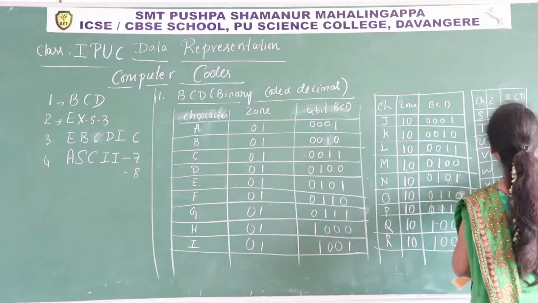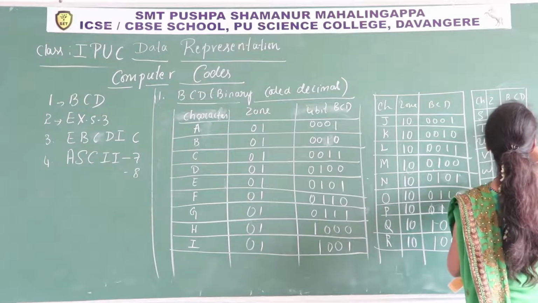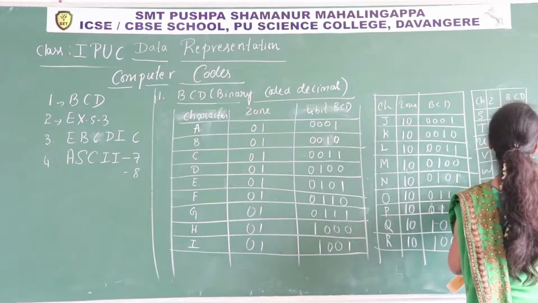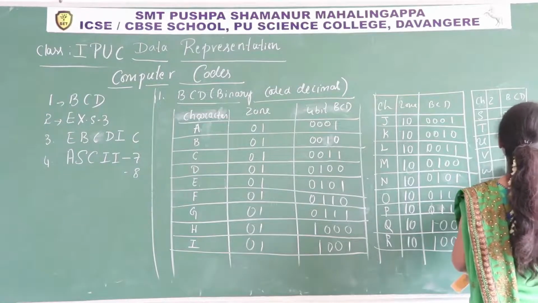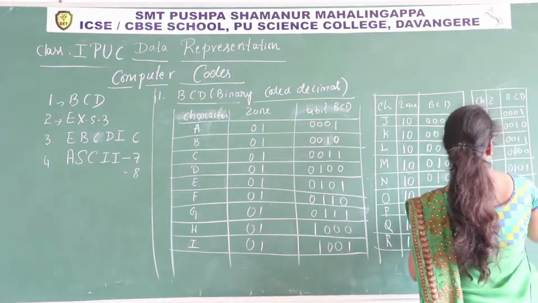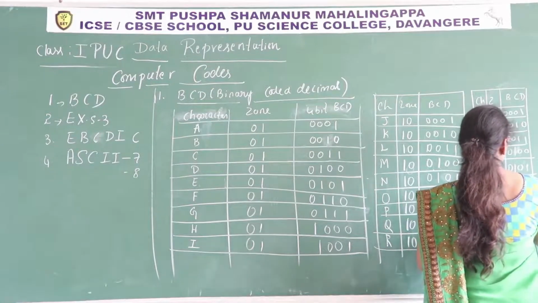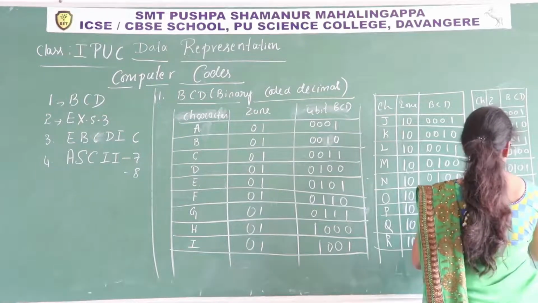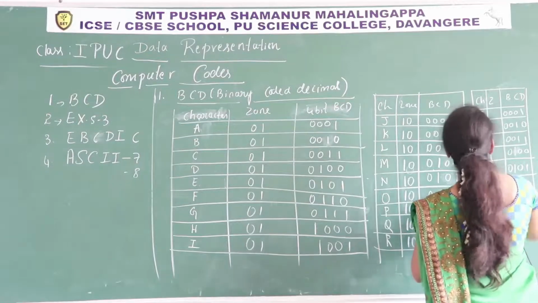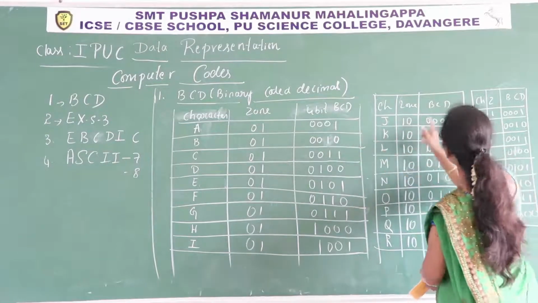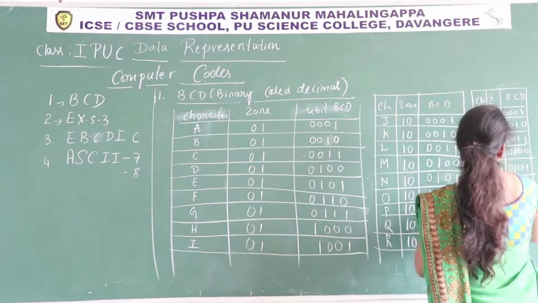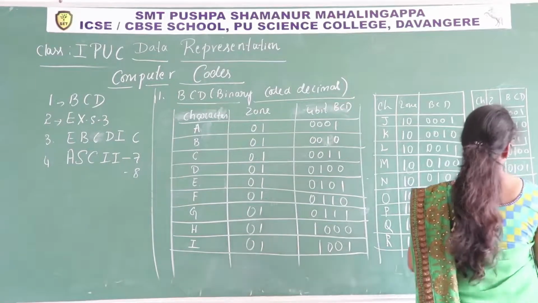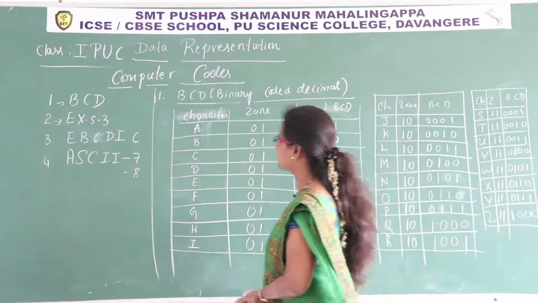Now again start from 1: 0001, 0010, 0011, 0100, 0101 for 5, then 6, 7, 8. And the zone bit is 3. How to write 3 in 2 bits? 11. In this way you can remember easily.